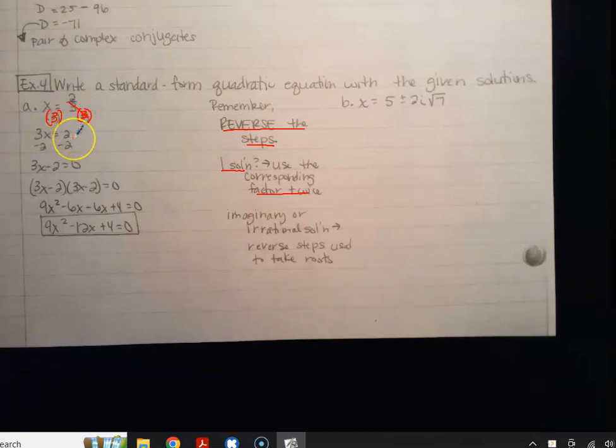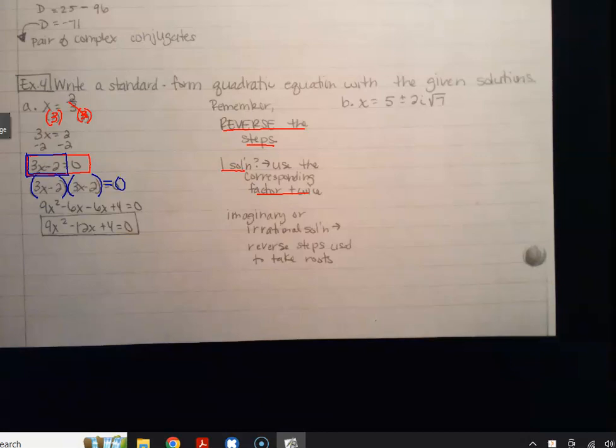I want it to be 0, so I subtract 2, and now I have 3x minus 2 equals 0. Now we're going to use that corresponding factor twice. We take the 3x minus 2 and use it twice, so we have the quantity 3x minus 2 times the quantity 3x minus 2 equals 0. That's the only way we can do it if we have one solution, because they were matching, they were identical.